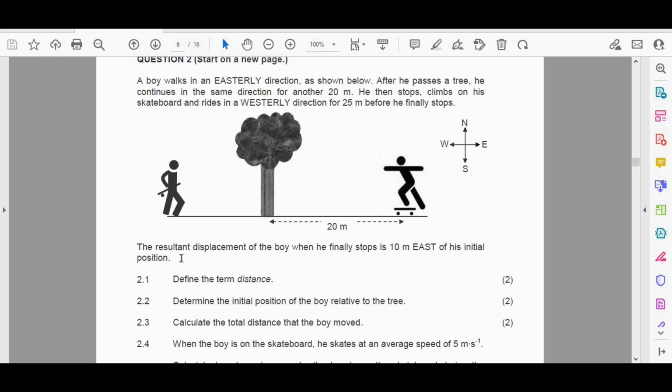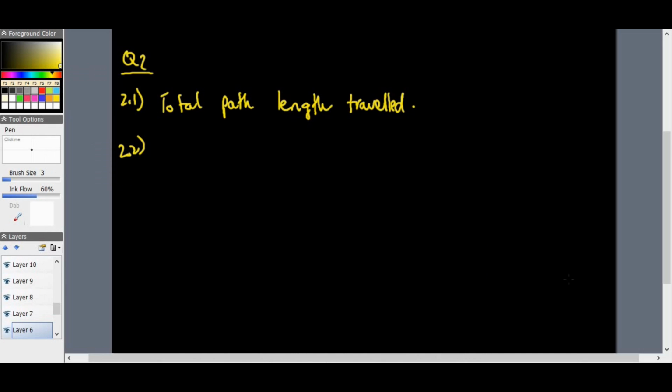The resultant displacement of the boy when he finally stops is 10 meters east of his initial position. Alright, so that means he stops before that position there. And they're asked to determine the initial position of the boy relative to the tree. So relative to the tree, that position would be the original position.